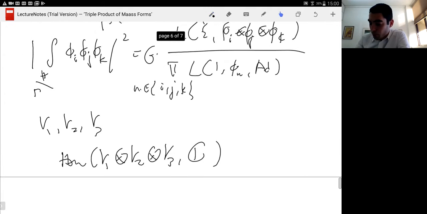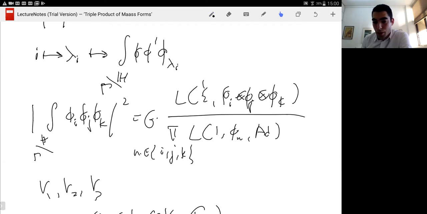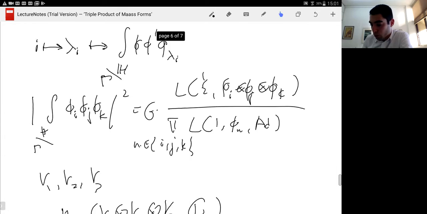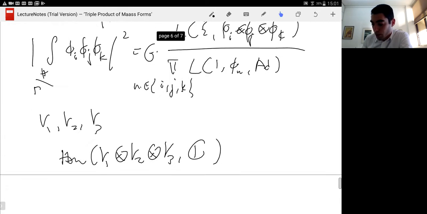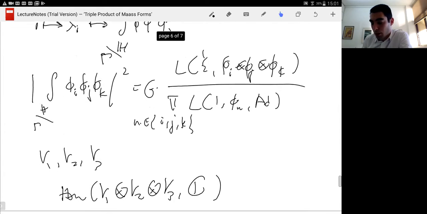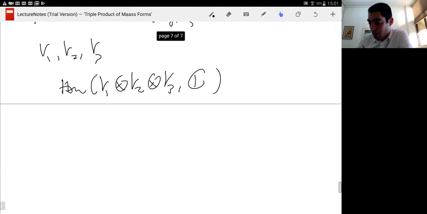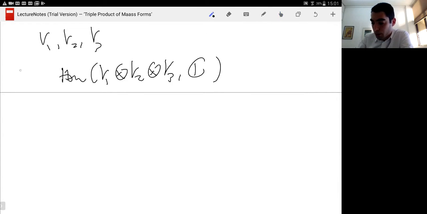Now, this integral we considered over here gives us an example of an element in this space of functionals. For every three elements of these spaces, we could evaluate this integral and obtain an invariant functional into C. Now, one might wonder how big is this space? And the mildly surprising answer is that it's very small.